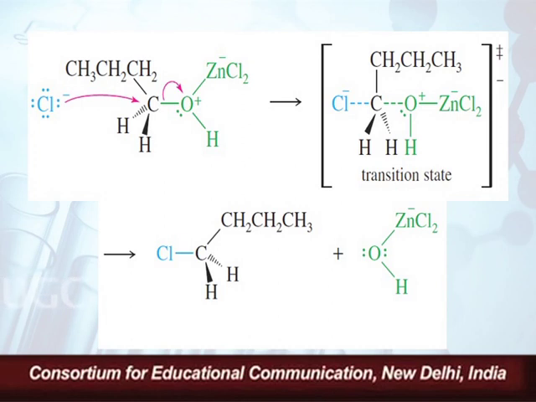In the transition state, as we can see, there is partial bond formation between the chlorine and the carbon and partial bond cleavage between the carbon and the oxygen atom. And the chloride ion, being a stronger nucleophile as compared to the leaving group, pushes out the leaving group as OHZnCl2, resulting in the formation of the product, which is 1-chlorobutane.